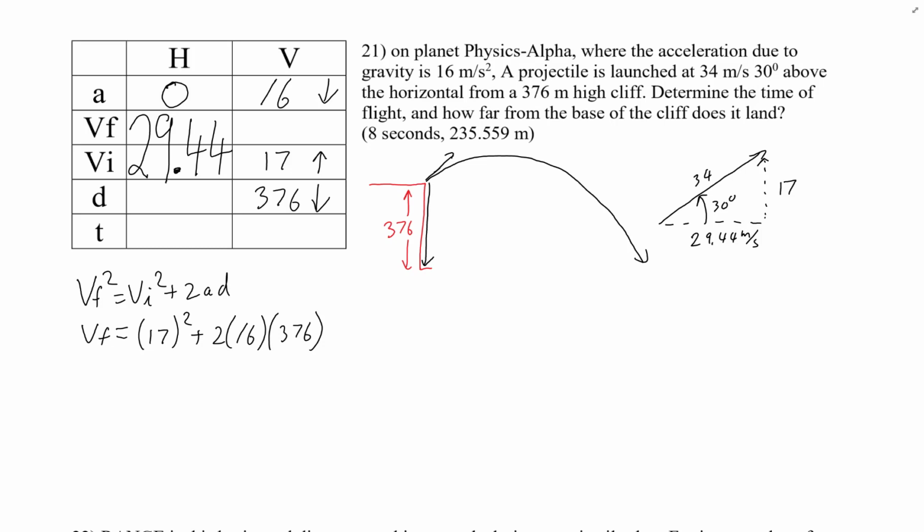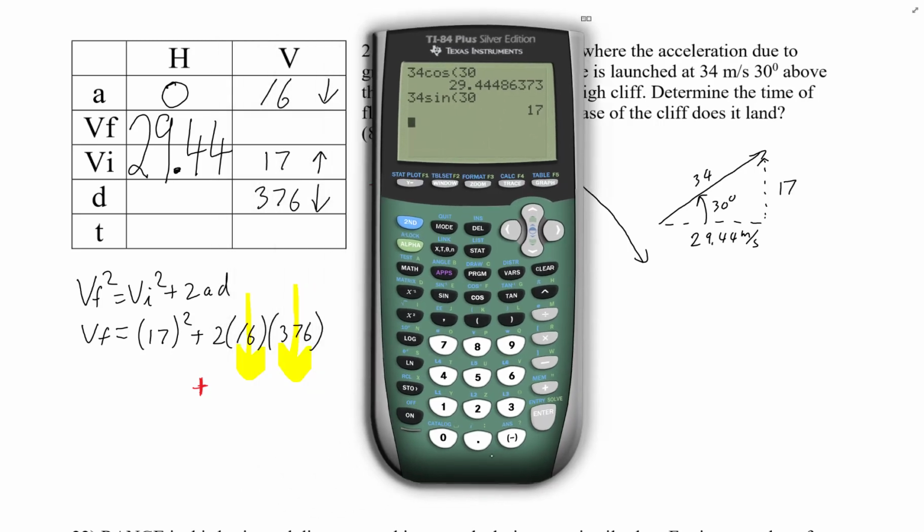Now let's just worry about the directions right now. This is down and that is down. When we multiply two negatives together, we get a positive, or two positives together, we get a positive. The 17 squared will always be positive as well, so we're eventually adding that all up.